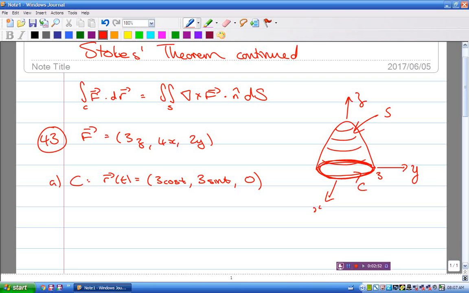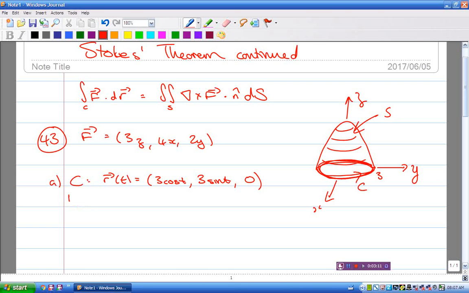Not really that big a deal in Stokes' theorem. Actually it is important in Stokes' theorem as well. I was going to say it becomes more important in the divergence theorem, which way your surface is oriented, because the divergence theorem is all about flux. But anyway, we'll get to that.